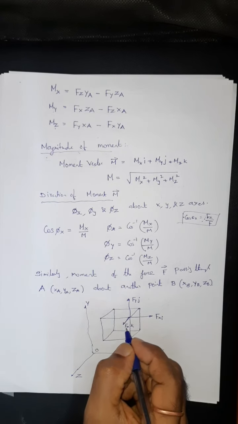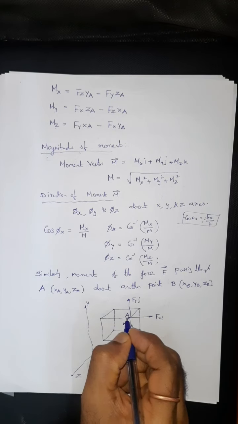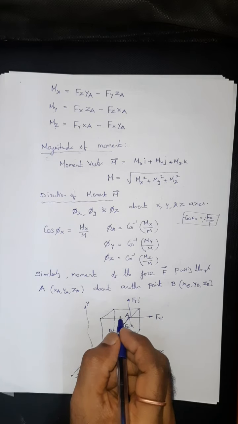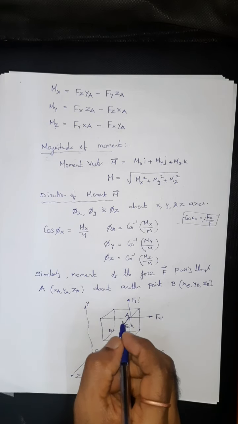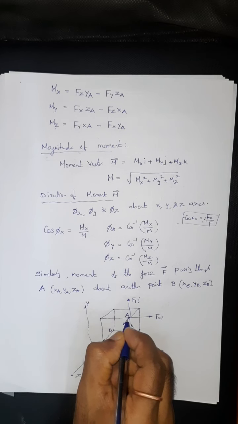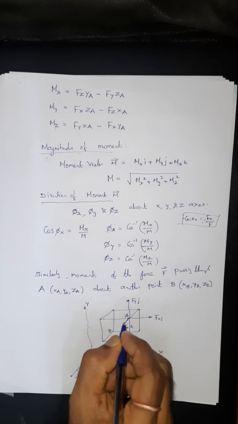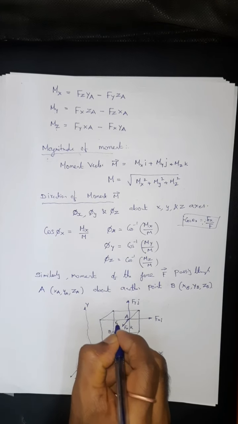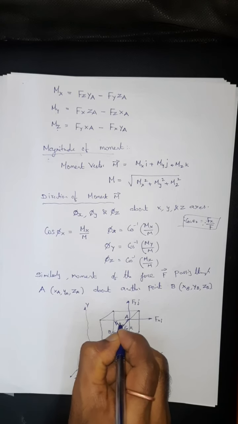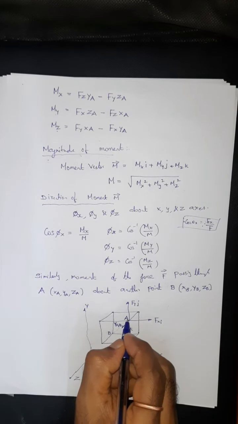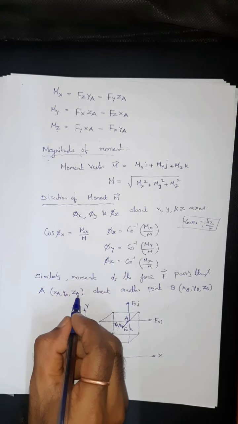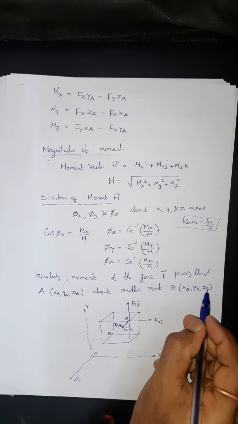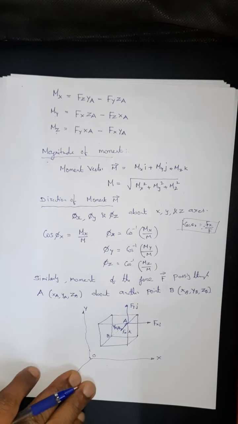Fz k. So let me just take this as A and this as B. Right? The position vector can be mentioned here. This is between A and B, right? So let me just draw this as a dotted line. So this can be the position vector A to B, right? So as far as A is concerned, xA, yA and zA are the coordinates, and as far as B is concerned, xB, yB and zB are the coordinates, right?